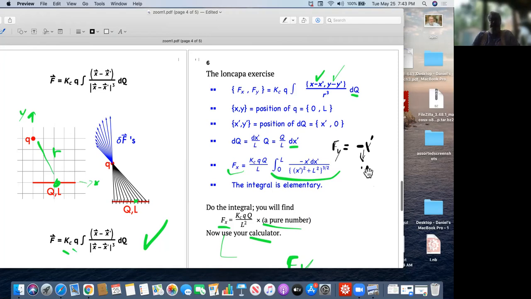No, that's the same, because I'm integrating along the rod. Oh, I see.